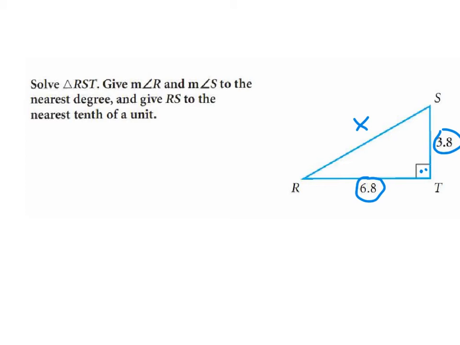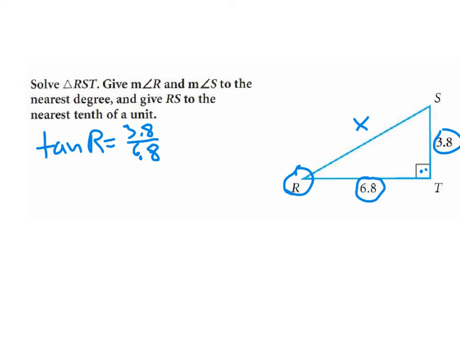I'm going to start with angle R. If you're at angle R, then when you look across, you see 3.8. That's the opposite. And 6.8 is the adjacent. So if I'm looking at R, we have the opposite and adjacent. That is tangent. Tangent of R is 3.8 over 6.8.